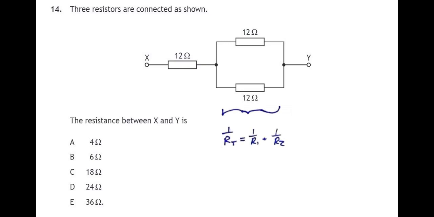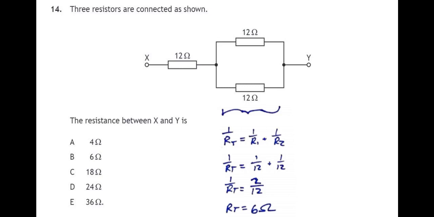For a parallel circuit, 1 over RT equals 1 over R1 plus 1 over R2. So 1 over RT is 1 over 12 plus 1 over 12. 1 over RT, therefore, is going to be 2 over 12. So RT is 6 ohms. So these two 12 ohm resistors in parallel have a total resistance of 6 ohms, which brings us to a useful little coincidence, which, if we can remember it, saves us a little bit of time from time to time.